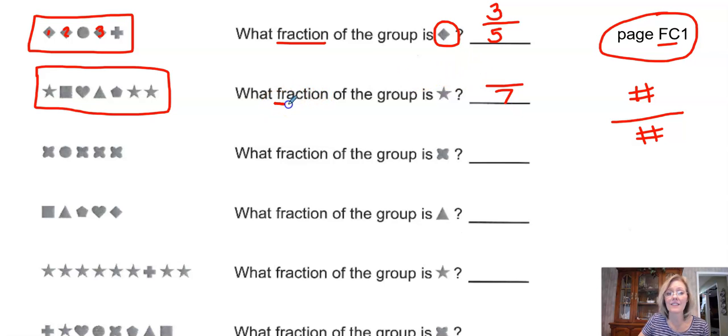Now I need to figure out the fraction that are stars. So let's come back to our set and only check out the stars. I have a star here, 1, 2, 3. 3 out of 7 things are stars, or 3/7 are stars.